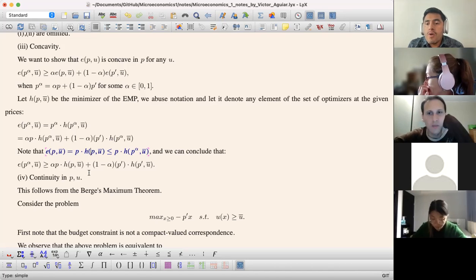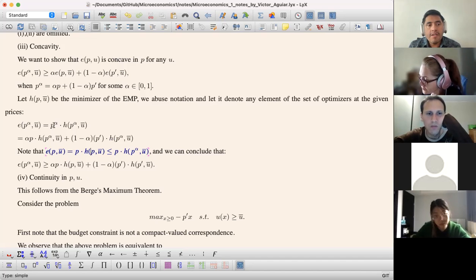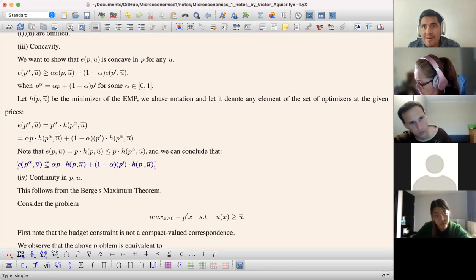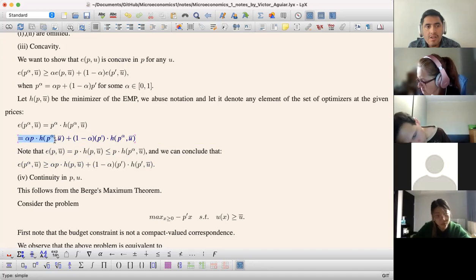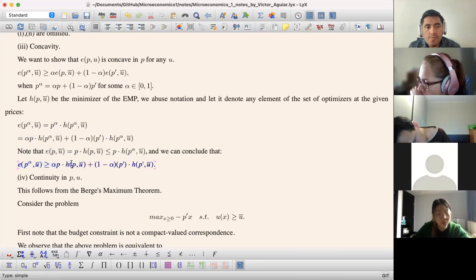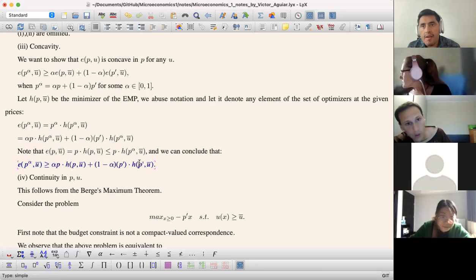Now, when you have those two things together, remember that this expansion that was an equality is now transformed into an inequality, because term by term, this term here is dominating the one with the H of P. Now you observe here there is alpha P times H of P, 1 minus alpha P prime times H of P prime.